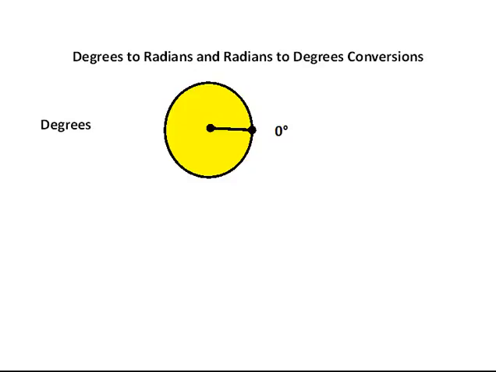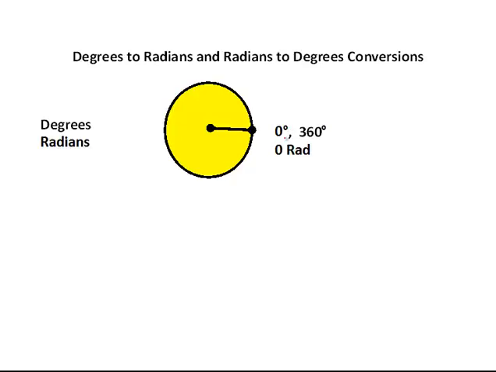First, if I start with degrees, you need to see that degree symbol there so that you know that you're talking about degrees. If I do one revolution counterclockwise around that circle, what I get is 360 degrees. Now, I can do the exact same thing, and this time I can do it in radians.